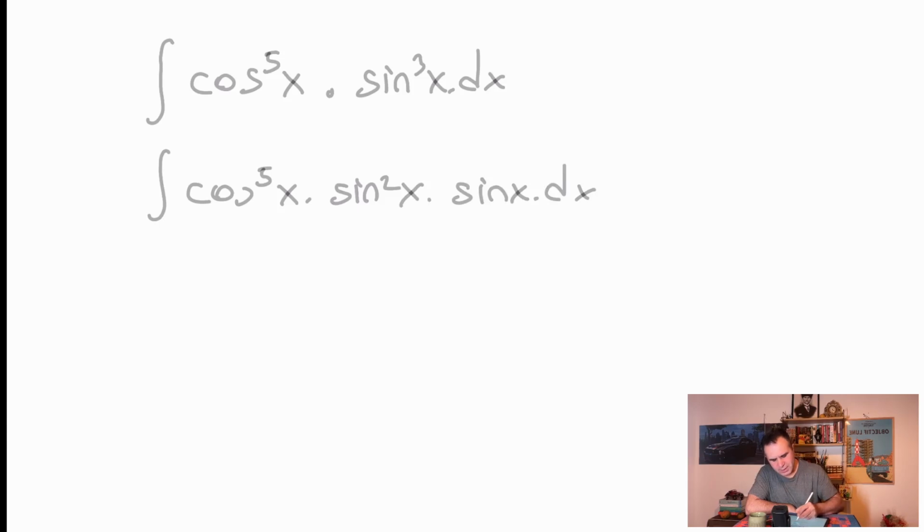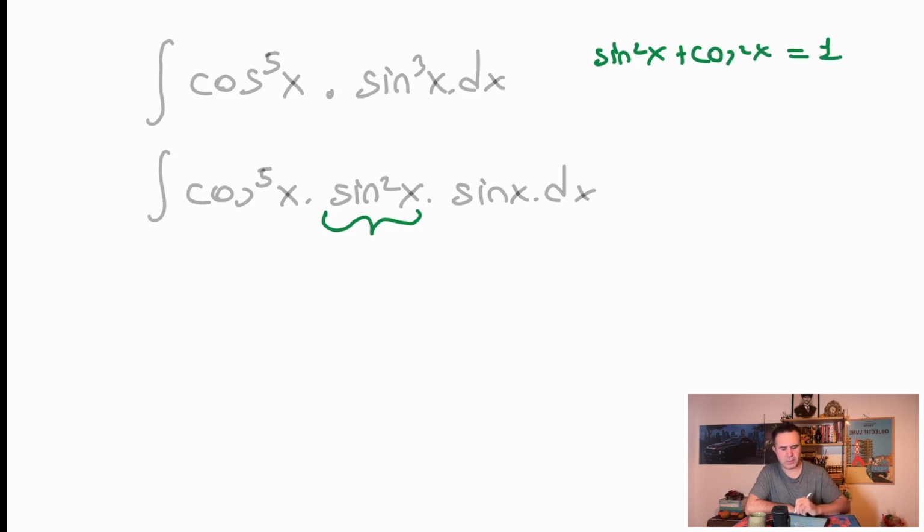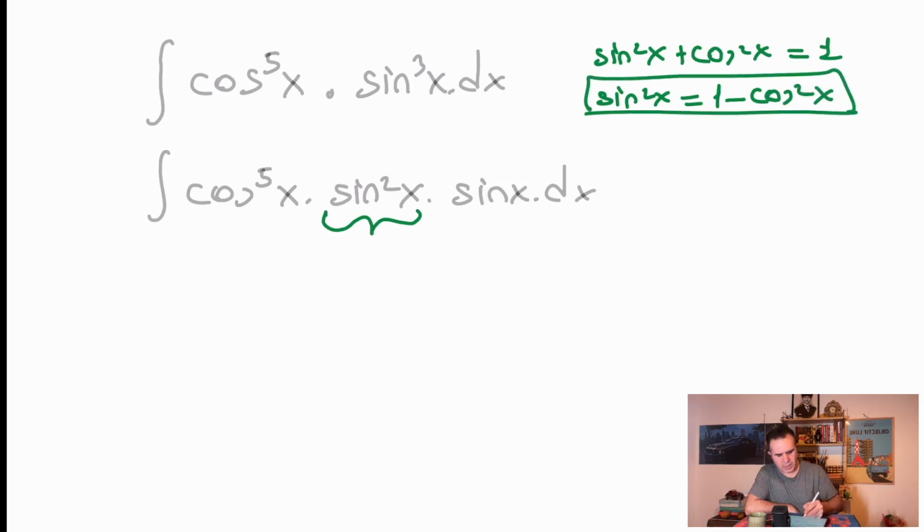Now we can write this sin² x in terms of cosine x. How? We know that sin² x plus cosine² of x is equal to 1. This means that sin² of x is equal to 1 minus cosine² x. Then I will rewrite sin² of x as 1 minus cosine² of x.